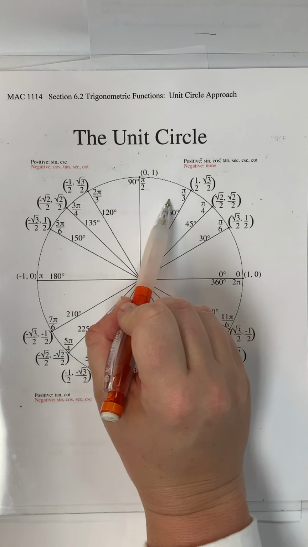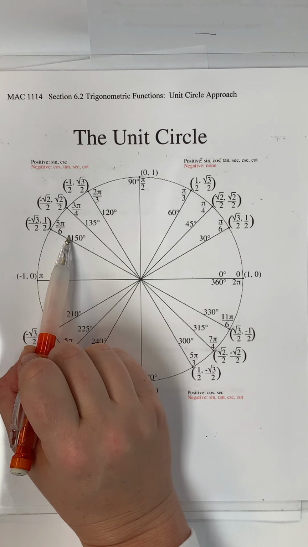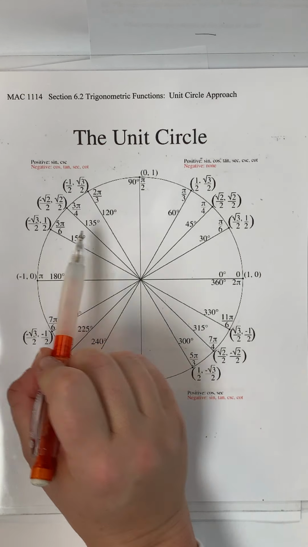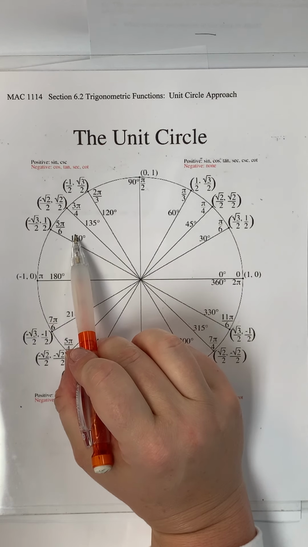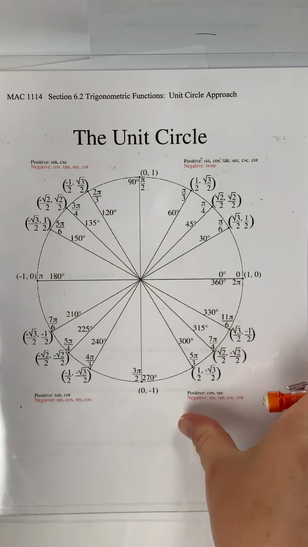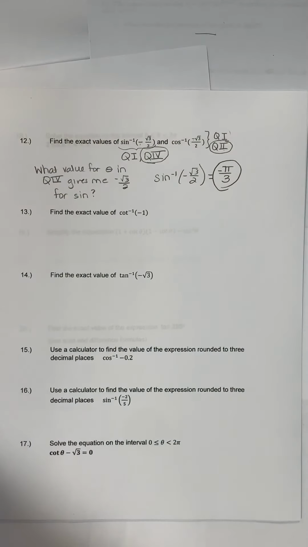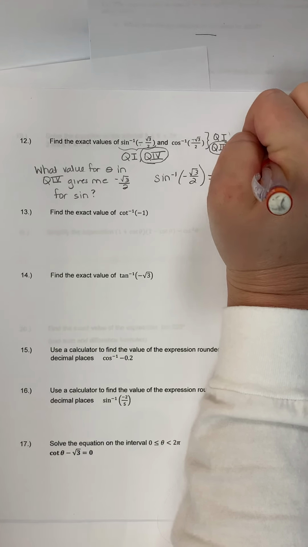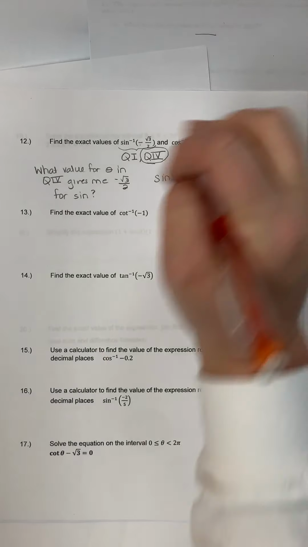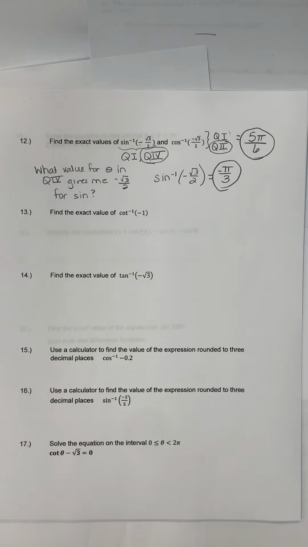And I'm allowed to come this direction to 5 pi over 6, right? I don't have to worry about going this direction. With cosine, you're allowed to just go right over here. So 5 pi over 6 is my answer. And there we go.